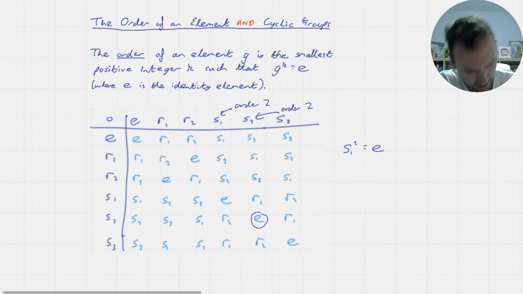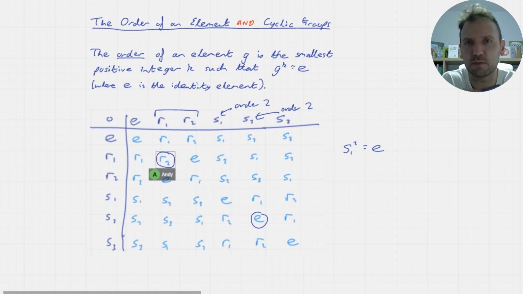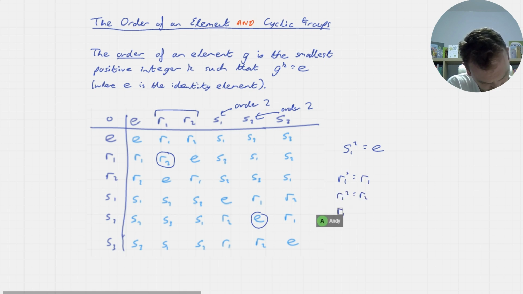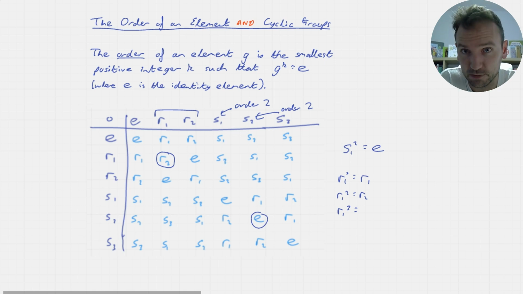Whereas R1 and R2 were rotations. R1 was a rotation 120 degrees anti-clockwise, R2 was a rotation 120 degrees clockwise. If we do R1, R1, we end up with R2. So R1 to the 1 is obviously just R1, and R1 squared was equal to R2. Now, R1 cubed, we're doing R1 times R2, which is equal to e.